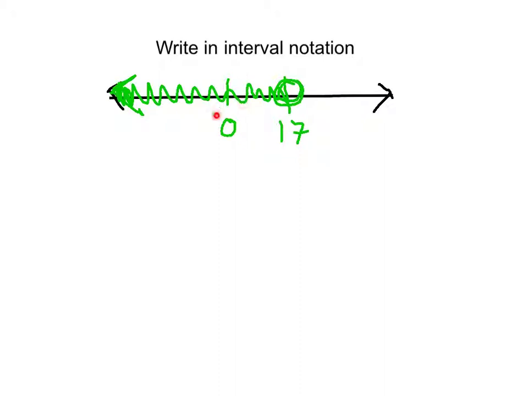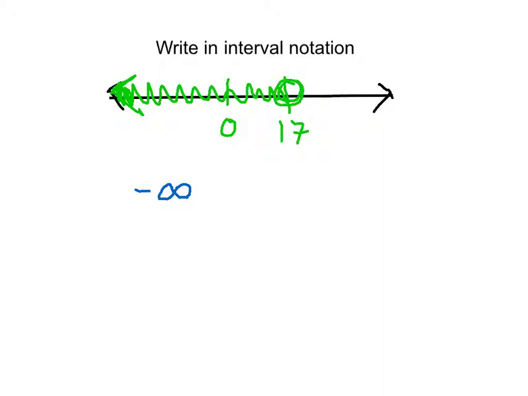We can see by the arrow, this is going to go on forever. It's not going to be a number on the number line because it will always continue on. So instead of talking about positive infinity, we can actually say this is going to go to negative infinity.